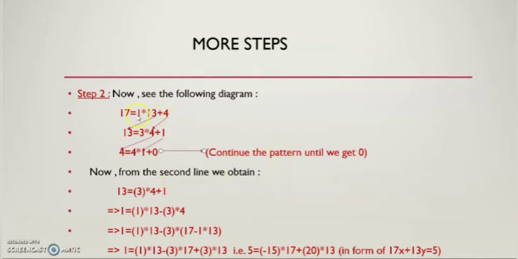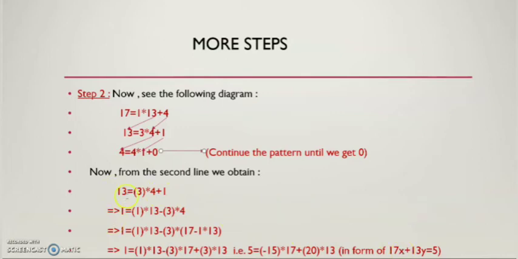Our intention is, at first do as I have said previously. After that, just take the last line and the line before it, like this line. After taking this line, we have to transform it into the given equation form, 17x plus 13y equal to 5. We have to transform this line into this form. How can we do it?